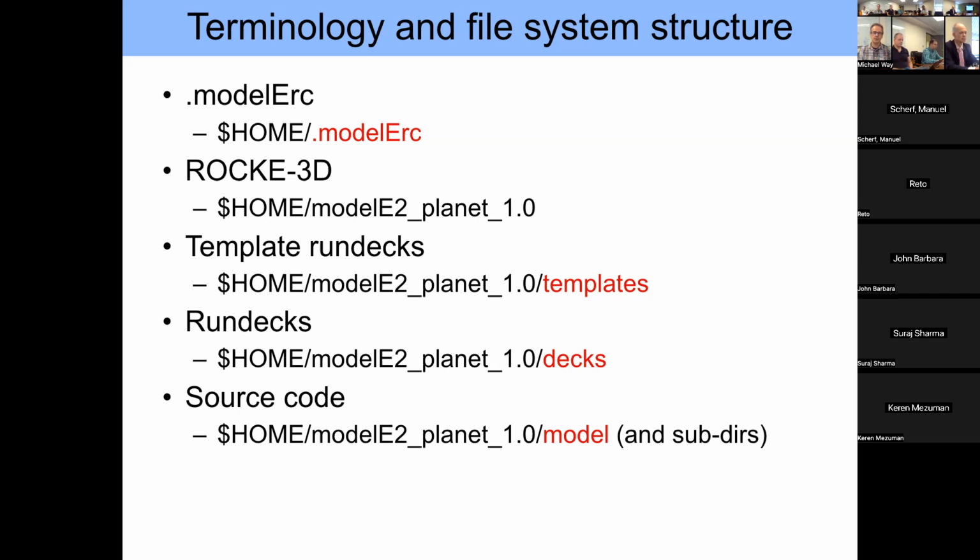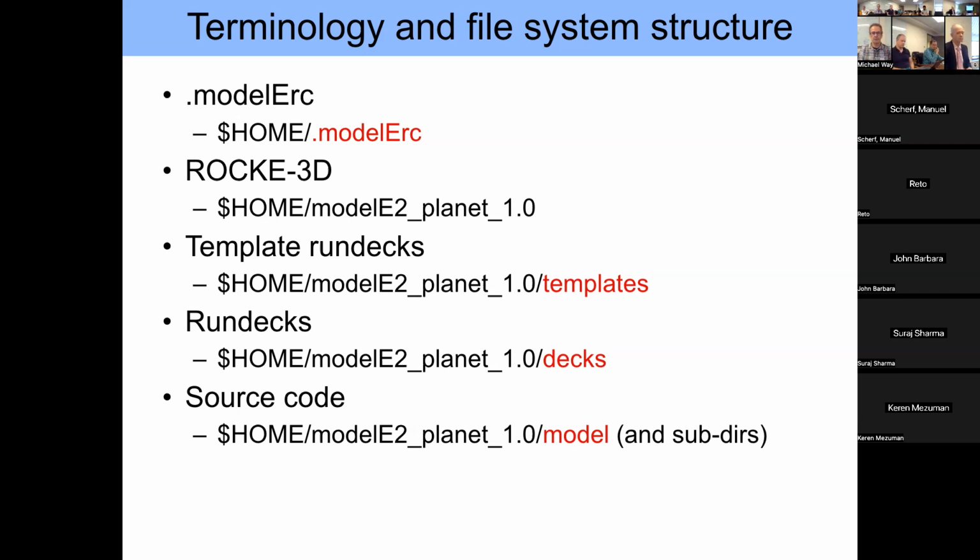Then the actual ROCKE-3D code, which you have downloaded from our server, creates a directory somewhere. You can name it anything you like. For the purpose of this tutorial, we assume you have it in your home directory, and it's called ModelE2 Planet 1.0, but it can really be named anything you like. Inside that directory there are many things, and three of them are very important.